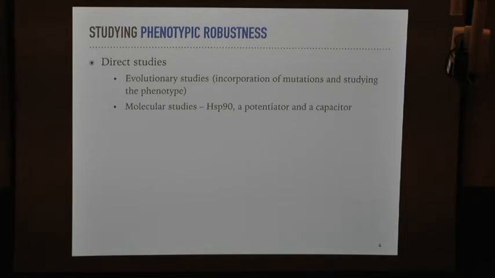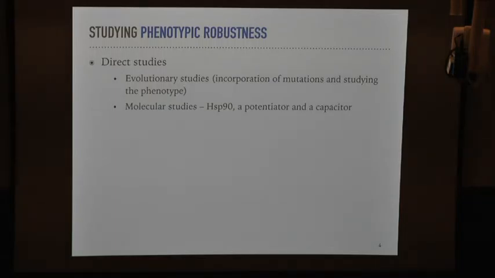Canalization and robustness are used interchangeably in one sense. So when I'm using robustness, it's phenotypic canalization as well. HSP90, as I was saying, is the only known functional gene implicated in phenotypic robustness, because it is a protein chaperone whose function is to take misfolded proteins and fold them properly so that the functionality of the protein is not altered.